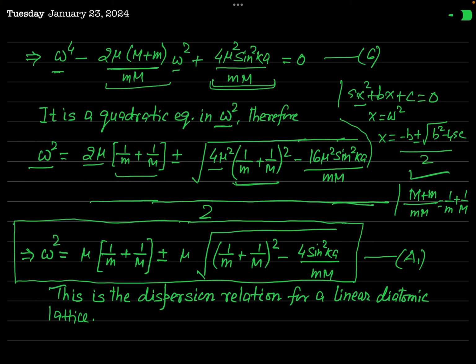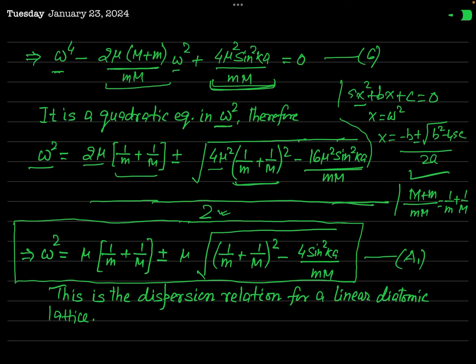A you can see is 1 and c is this much. So 4ac, that will be simply 4c because a is 1. And when you multiply it by 4, this will be 16 mu square sin square Ka divided by Mm. Okay, and whole divided by 2a, not 2 but 2a, but a is 1, so here there will be only 2. Okay, only 2.